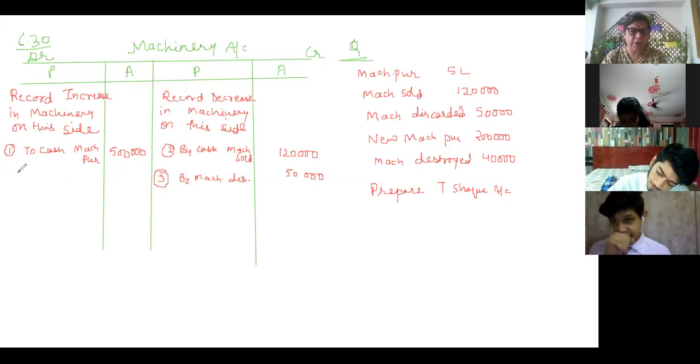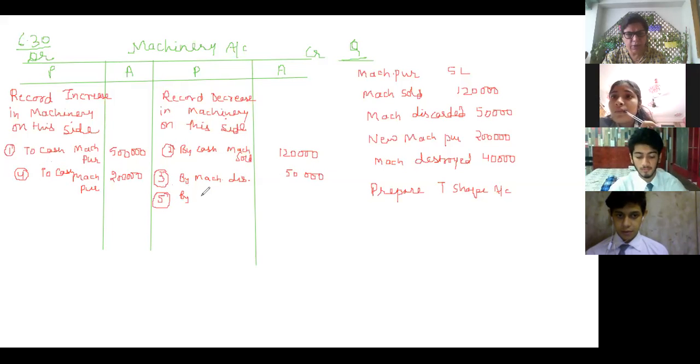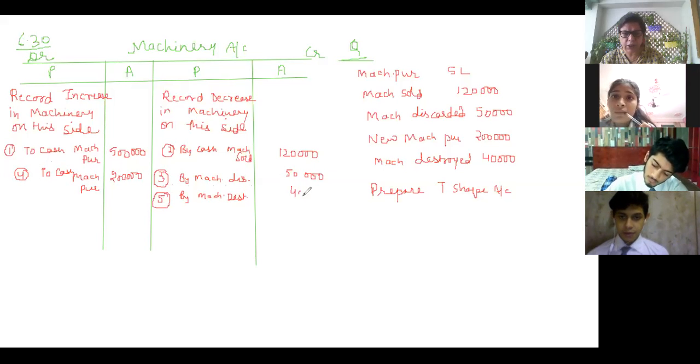Then the fourth transaction, 'To cash, machine purchase' 2 lakh. Last, the fifth transaction. Now Harshvardhan will tell us machine destroyed. Where to show it? On the credit side. Yes, 'By machine destroyed'. Destroyed is 40,000. Good answer.